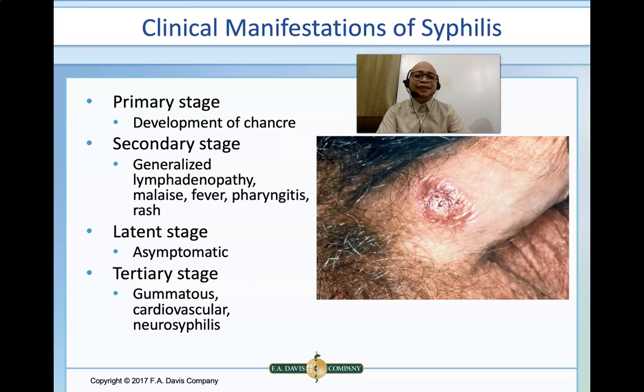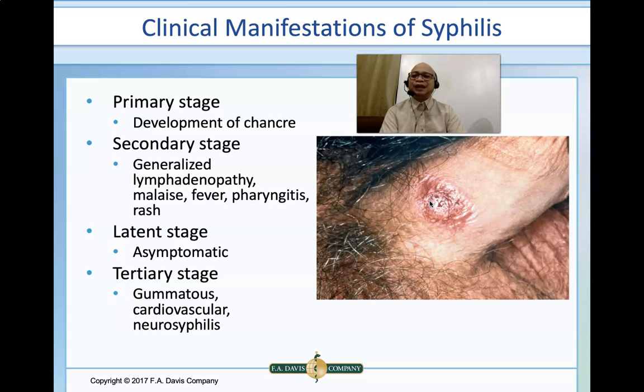The primary stage of syphilis is the development of the chancre. This chancre is a painless ulcerative lesion, and it is highly infectious. Direct contact with this lesion would lead to the transmission of syphilis.